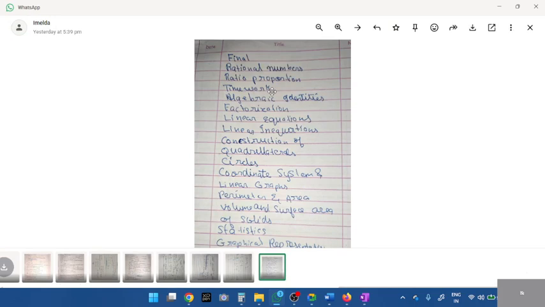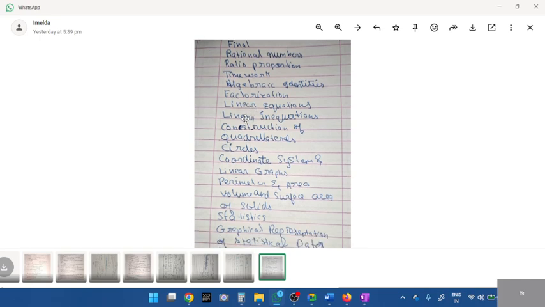Ratio and proportion is done. Factorization, linear equation. Did I teach linear inequation? No, right? So tomorrow I will start with linear equation, linear inequation.